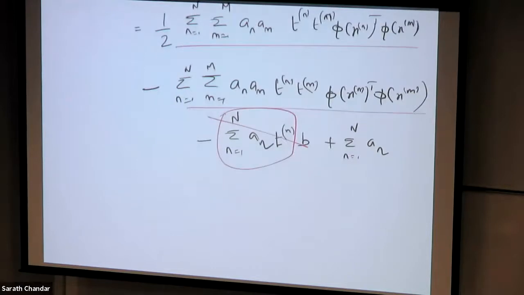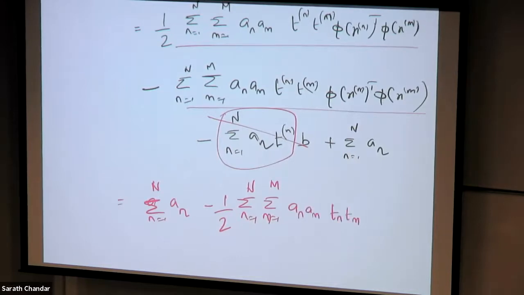So I can just rewrite this as summation over N is equal to 1 to capital N An, minus 1 over 2 summation over N is equal to 1 to capital N, summation over M is equal to 1 to capital M, An Am Tn Tm, then we have phi of Xn transpose phi of Xm. Is that clear?